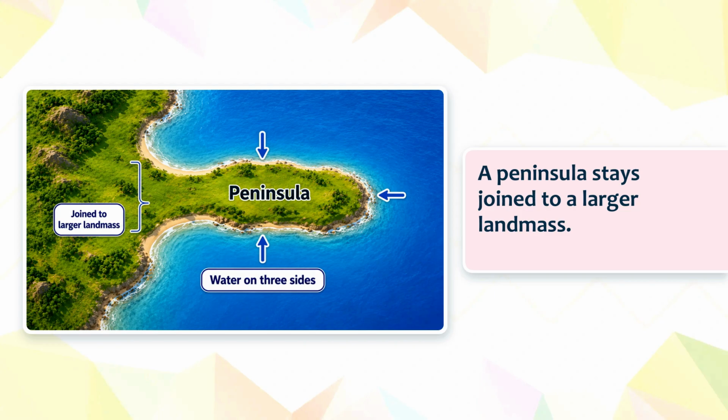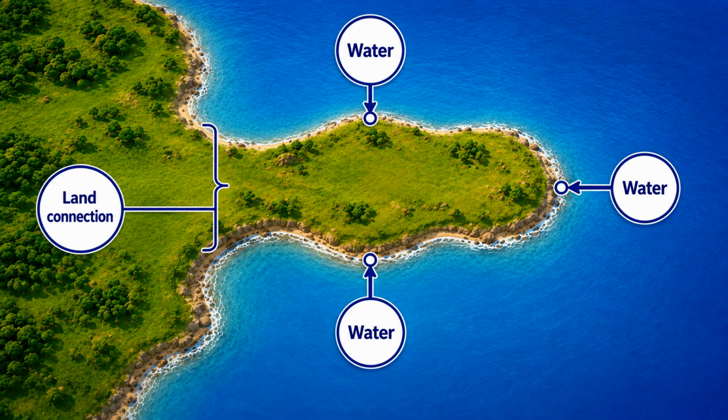A peninsula stays joined to a larger landmass. Water may surround three sides, but the land connection remains. The shoreline follows water around three sides, but the trace meets a land neck instead of closing. That remaining connection makes the projection part of a larger landmass rather than a separate island.